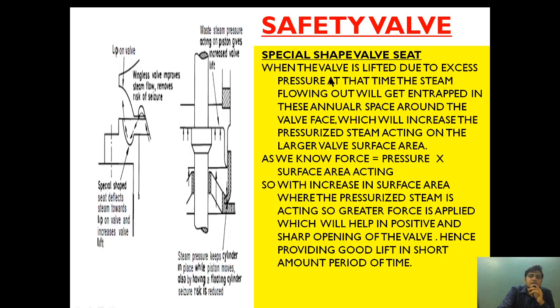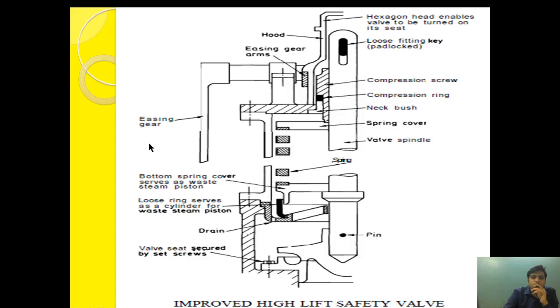When the valve is lifted due to excess pressure, at that time the steam flowing out will get entrapped in the annular space around the valve face, which will increase the steam pressure acting on the larger surface area. So basically what is happening when the valve is lifted, you focus here.